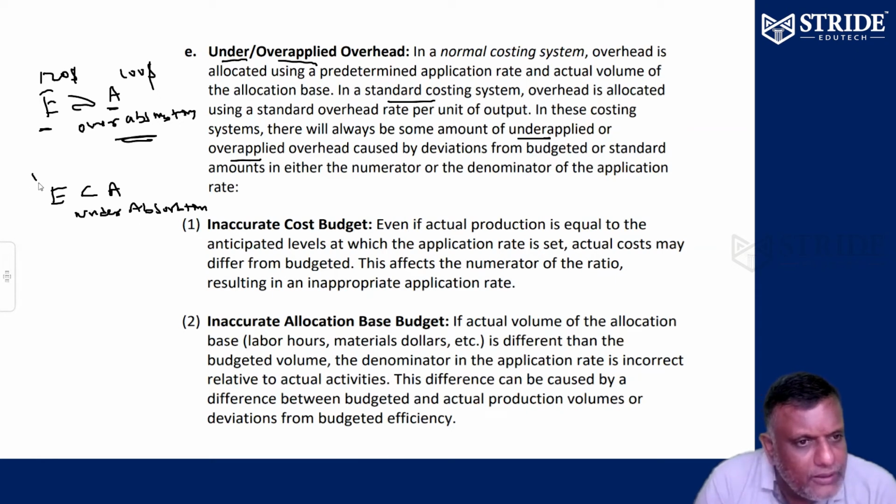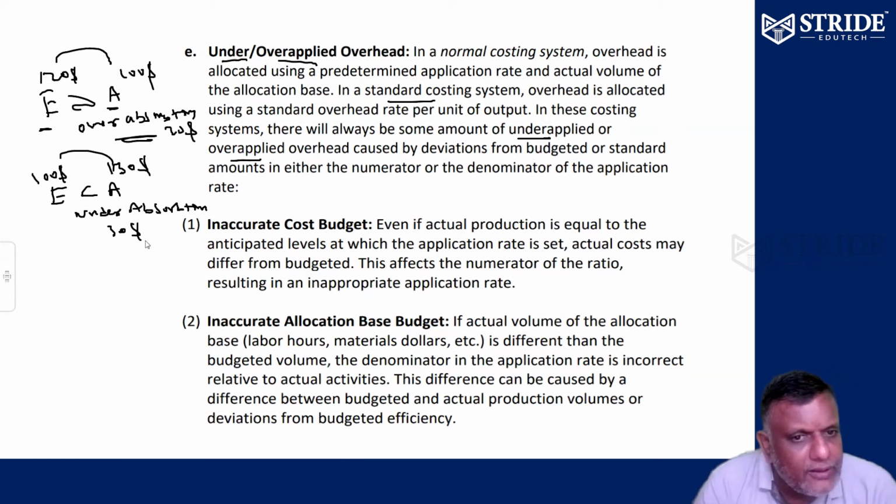Suppose the estimate is $100 and the actual is $130: under absorbed by $30. Over absorbed by $20. Over absorption leads to profit; under absorption leads to loss.